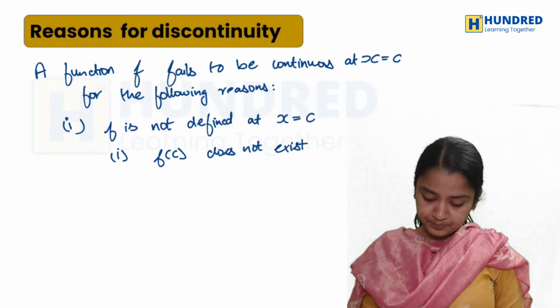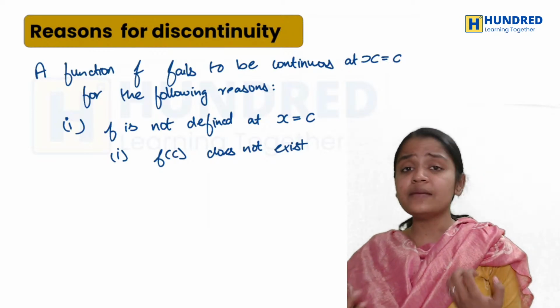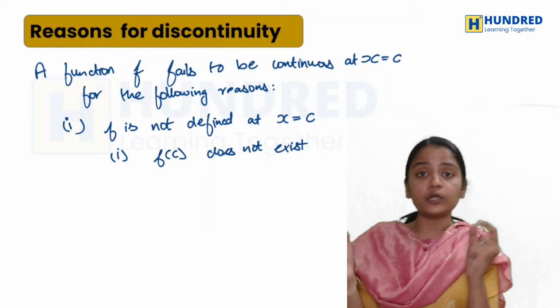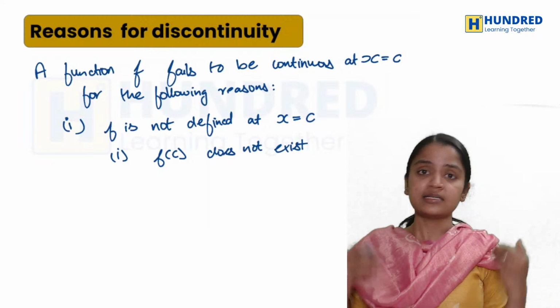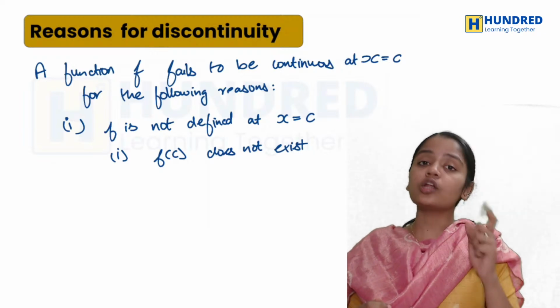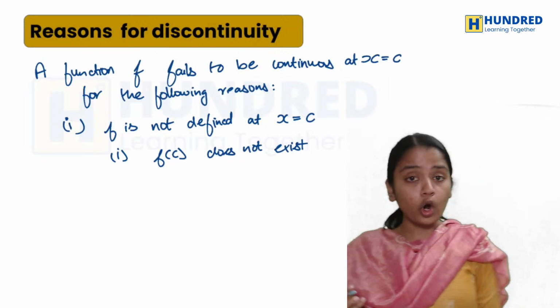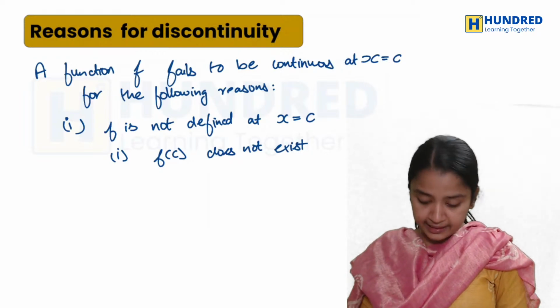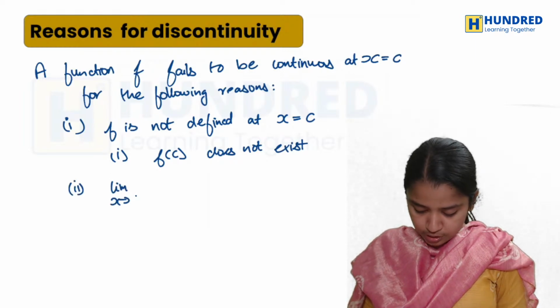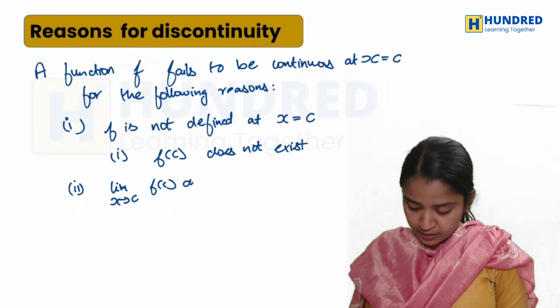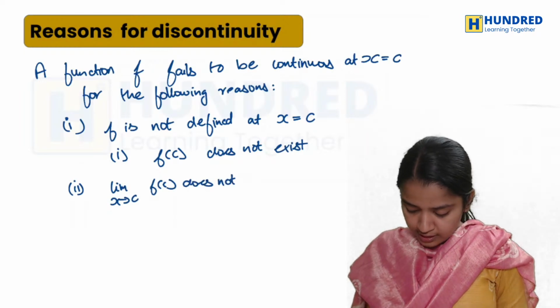Then we have seen the function value at the particular point doesn't exist. What happens if your limit doesn't exist? Same thing. If either of your limits doesn't exist, then you can say it is discontinuous. So the second condition is that the limit as x tends to c of f(x) does not exist.